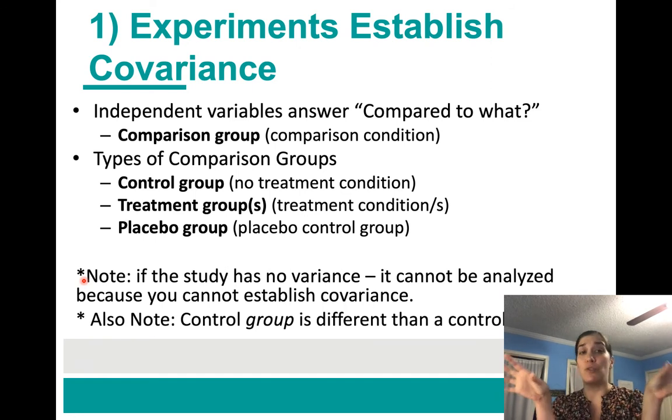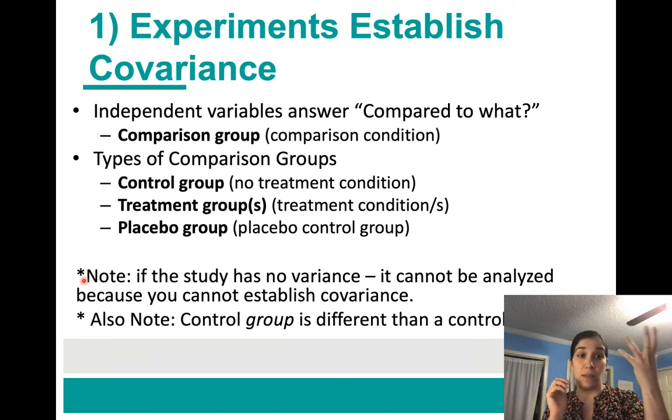So I can take two groups, and one group I make them watch happy movies. And in the other group, I don't make them watch any movies at all. They just take a depression questionnaire. And so one group is the comparison group, or the treatment group, or the experimental condition. And then the other is the control group, where they don't get any level of the independent variable. They get nothing. They just get the dependent variable.